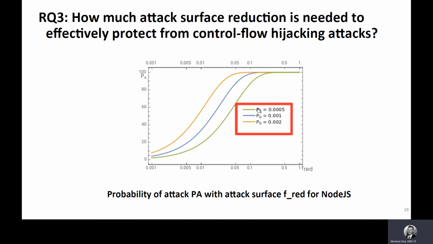Based on this manipulation of this factor, we obtain different rates of attack surface reduction. This is just to give you an impression of how different attack surfaces vary based on the PG parameter which we manipulate. Further details are presented in the paper.